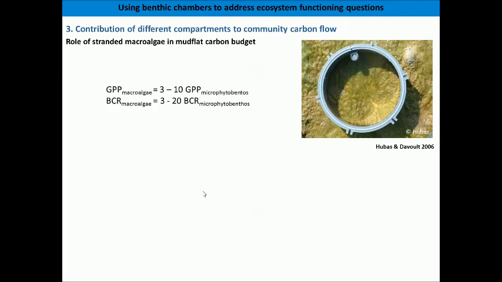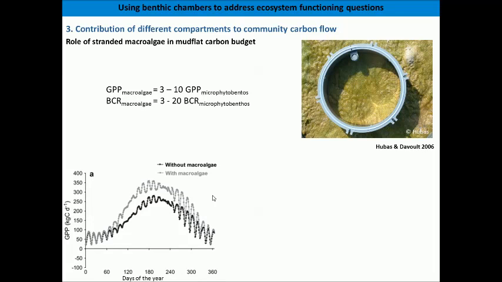Now this is at hourly rates. What happens to the entire annual budget? When looking at the gross primary productivity, with black being the measurements without macroalgae and gray with the macroalgae, it showed that the macroalgae were responsible for 24% of the annual gross primary productivity budget.